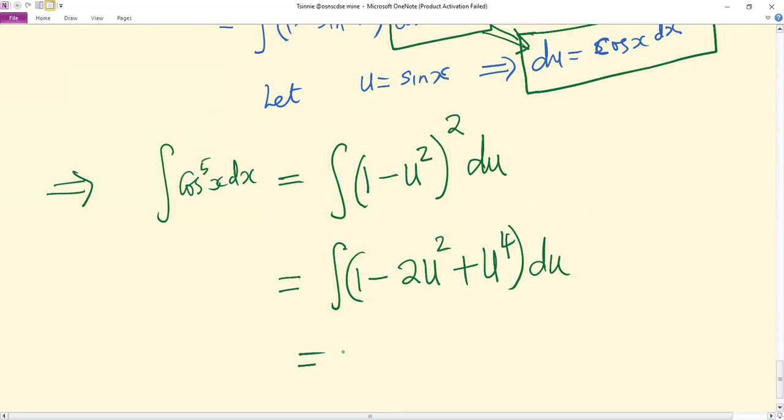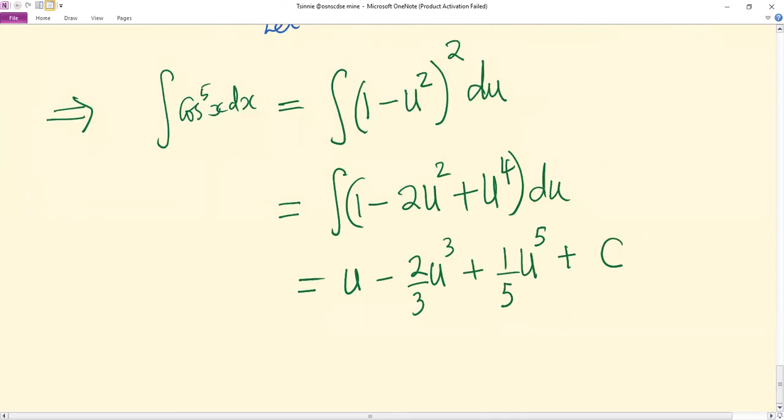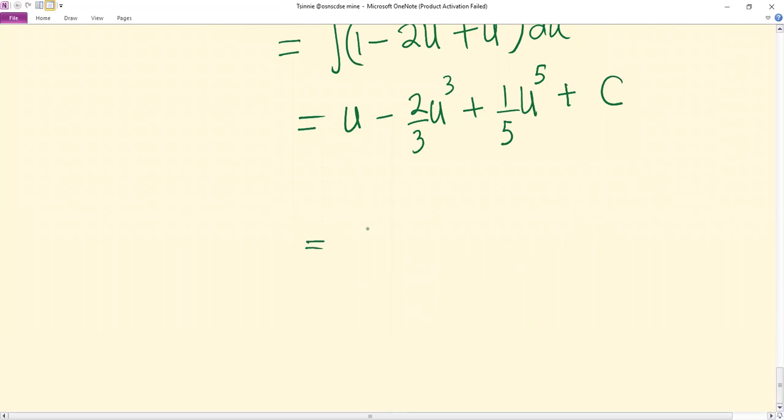By power rule, you'll get u minus 2 over 3 u cubed plus 1 over 5 u power 5, then plus c. Which is the same thing as saying sine x minus 2 over 3 sine cubed x plus 1 over 5 sine power 5 x, and then plus c.